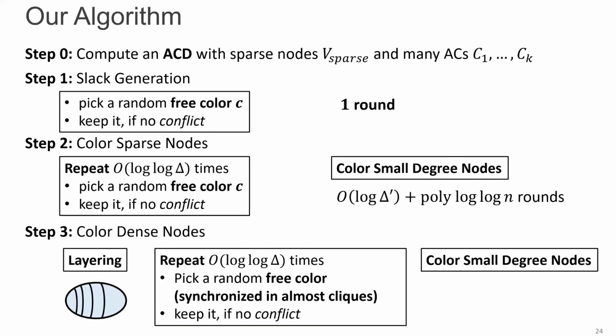And once these are down, basically one further round brings the degree down within the almost clique, which leaves us also here with a small degree subgraph of uncolored nodes, which we then color with the Barenboim et al. framework. So this is the whole algorithm.